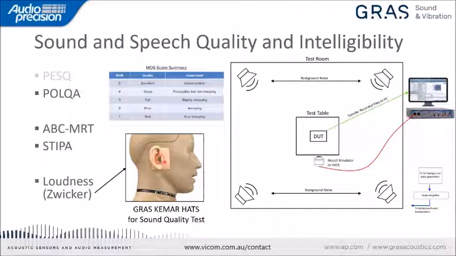And this setup is used for sound quality tests. So for example, this way we can record with the KEMAR noise signals that are coming from a laptop and calculate loudness, or we can record the signals to play back to a jury of human listeners for subjective evaluation of the recorded signals.